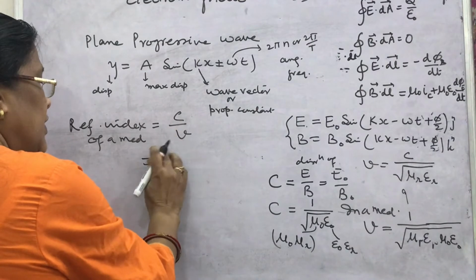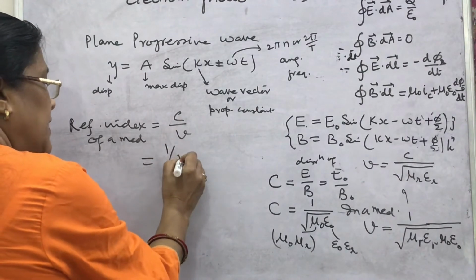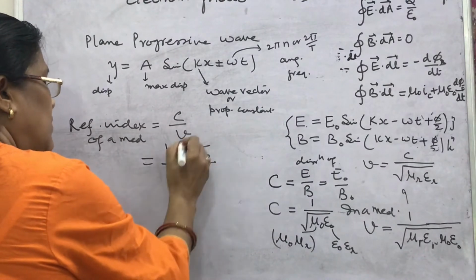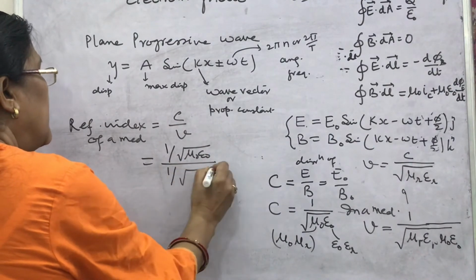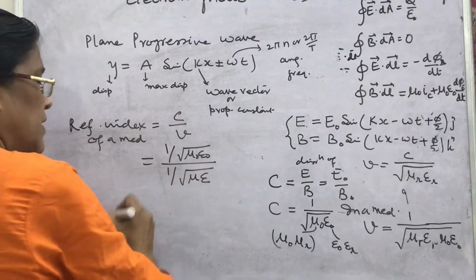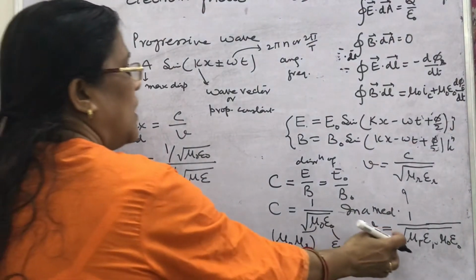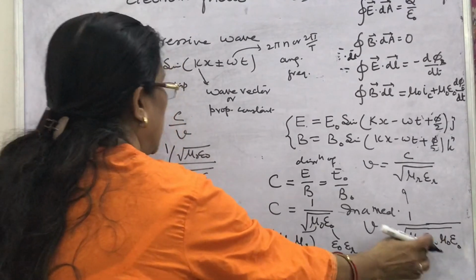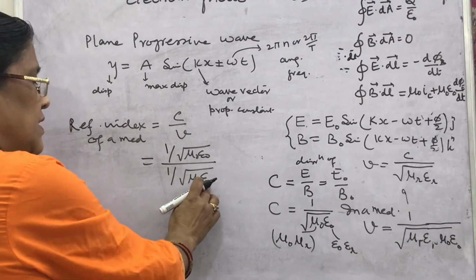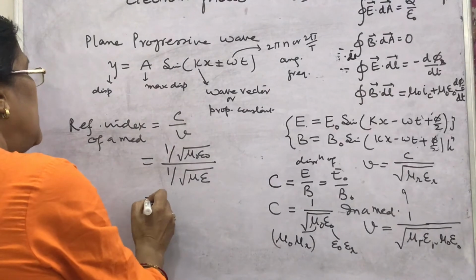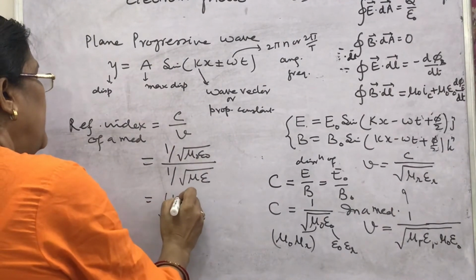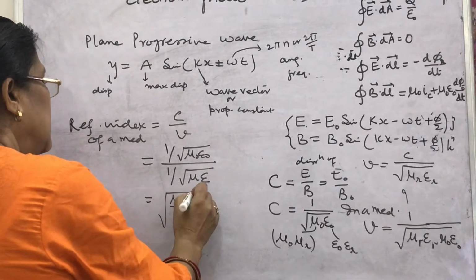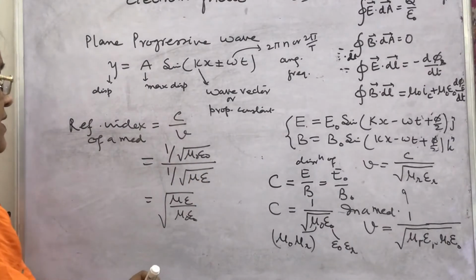In place of c, you write under root mu naught epsilon naught, upon what is v? 1 upon under root mu epsilon, where mu r and epsilon r are simply written as mu and epsilon. Then its value is under root mu epsilon upon mu naught epsilon naught. This is the refractive index.